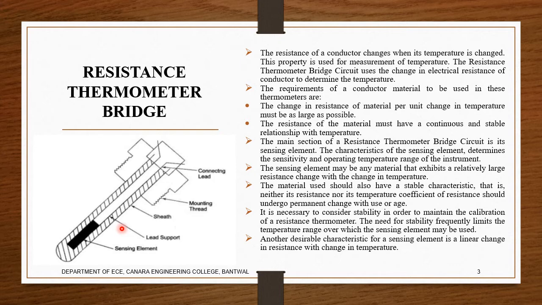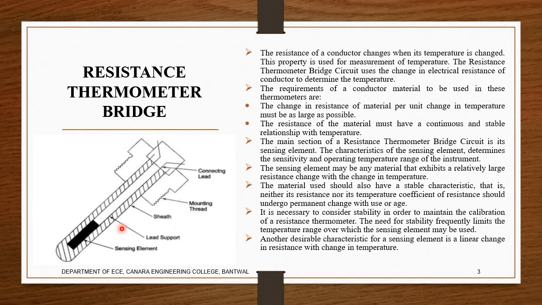Such a permanent change can occur when we use it regularly over the long term, for continuous purposes, or for many years, so the efficiency has to be kept. So we have to select a material that is stable and does not change its characteristics. Whatever the characteristics are, they have to remain for the long term. For that we also need proper maintenance of the sensing element and of whatever bridge it is connected to.